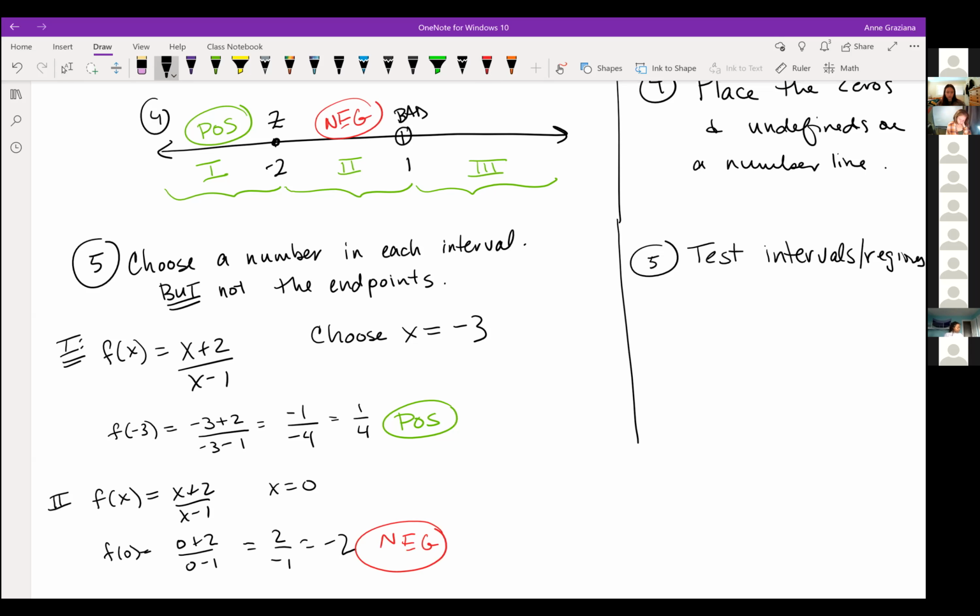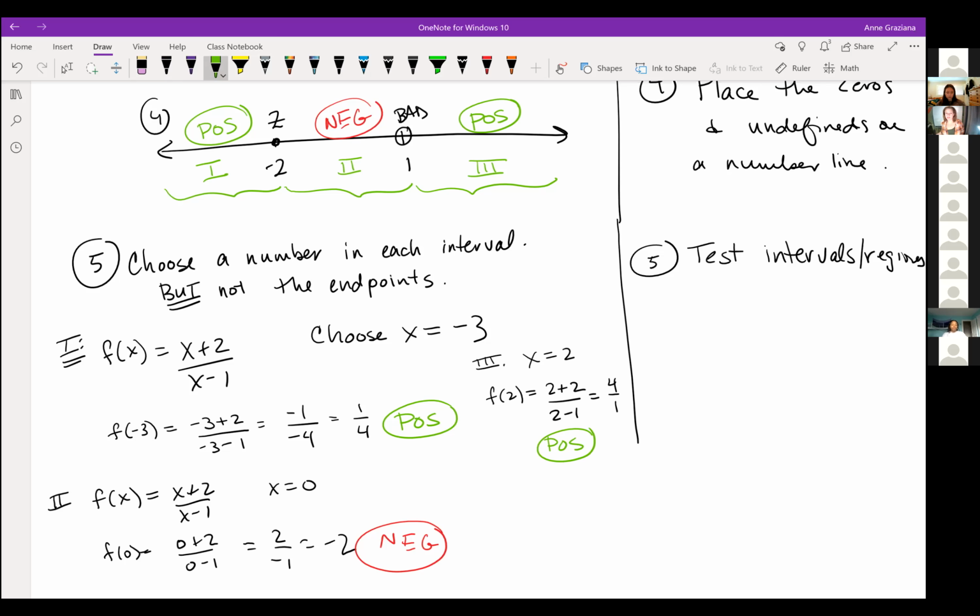All right, last one. I'm going to squeeze it in over here. Region 3, I'm going to pick something bigger than 1, so I'll just pick 2. So f of 2 is going to be 2 plus 2 over 2 minus 1, which is 4 over 1, which is positive. And now we have our sign chart.